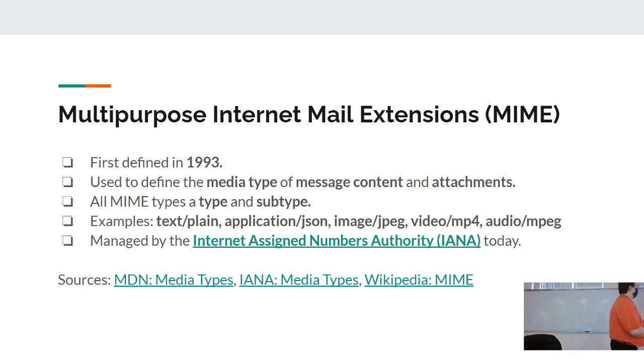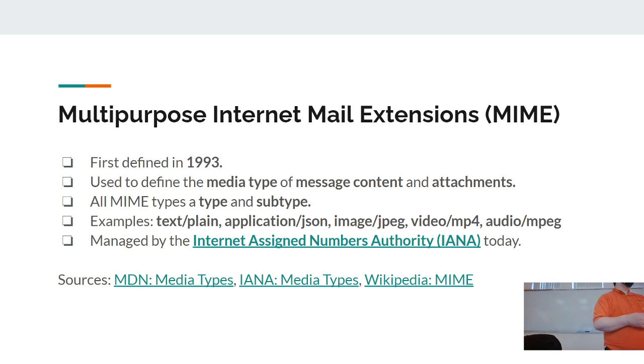The next one up is a little bit different, called Multipurpose Internet Mail Extensions, known as MIME. Oftentimes you'll hear them as MIME types or media types. These were originally envisioned in '93, partly as a way to say what kind of content is in an email, such as, is it plain text content or is it HTML content?